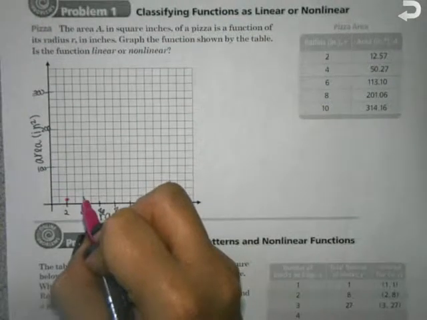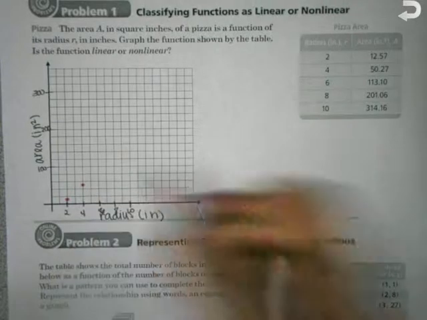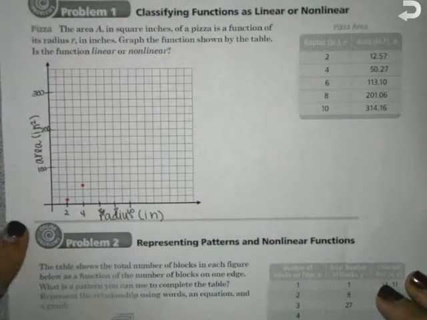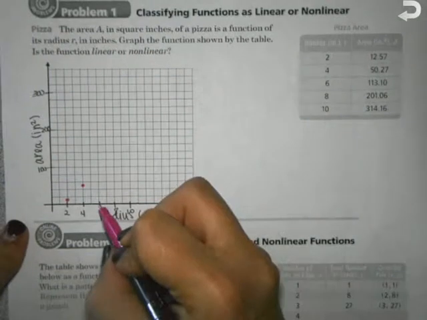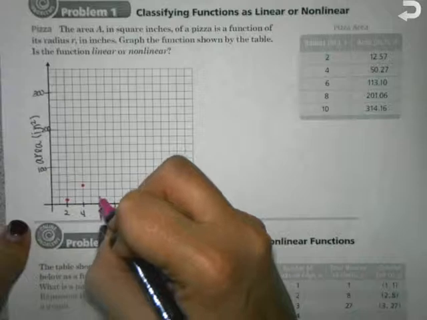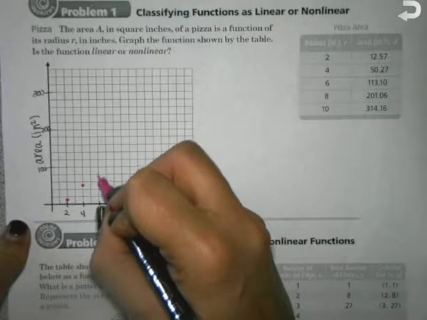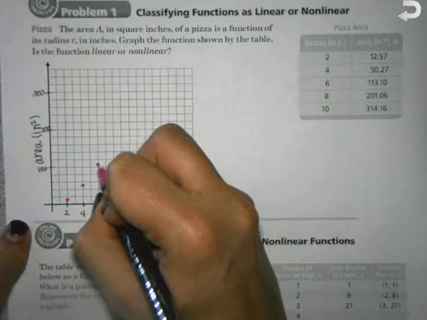So here is 20, here is 40, and then 50 is going to be somewhere in between 40 and 60. When my radius is 6, the area is 113.10. So that's 20, 40, 60, 80, 100, and then 113 is going to be somewhere right here.